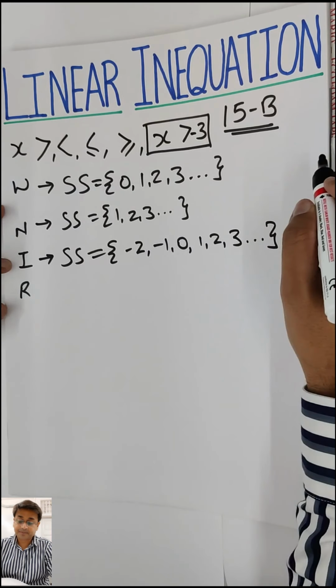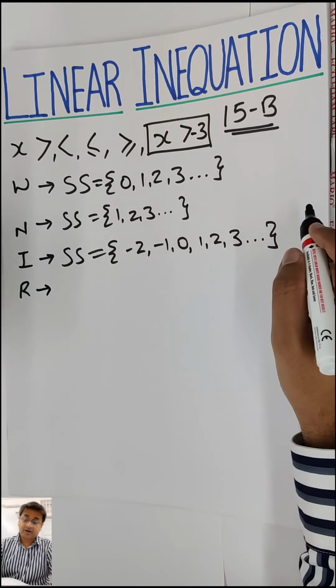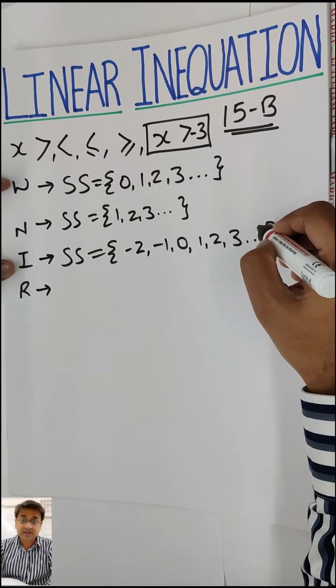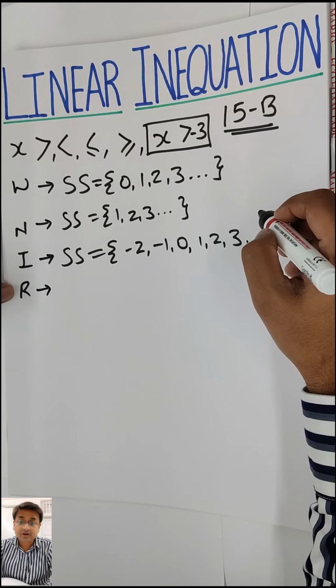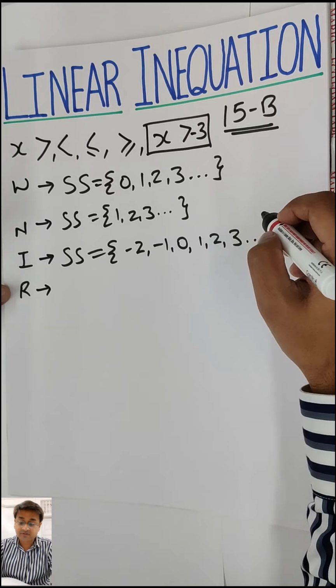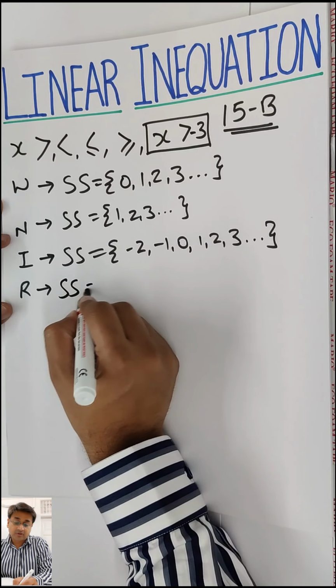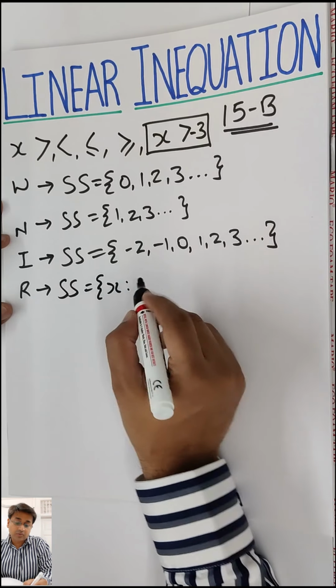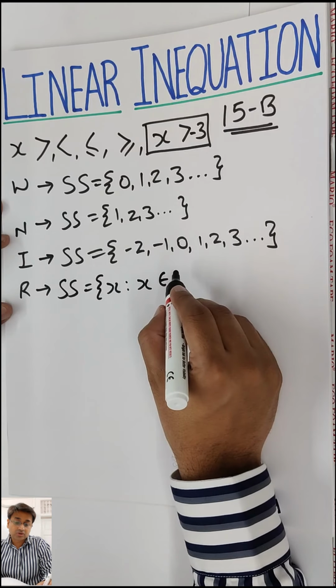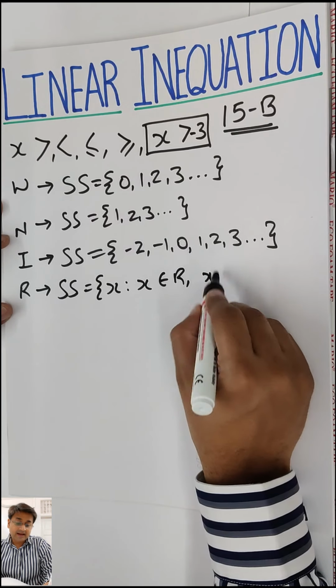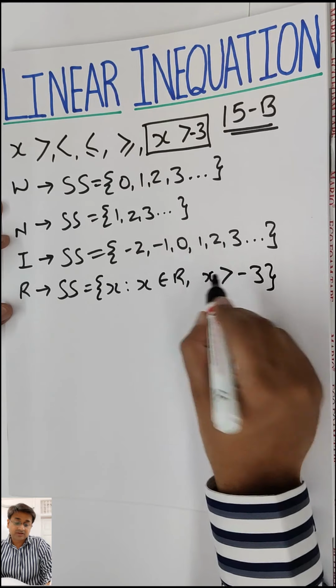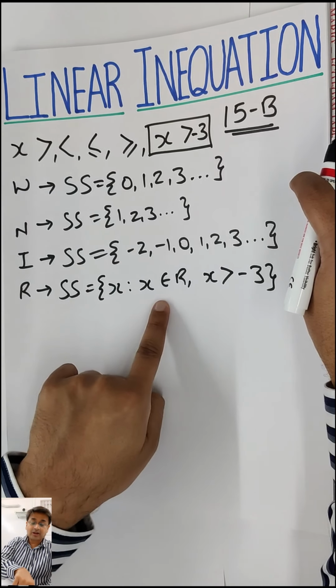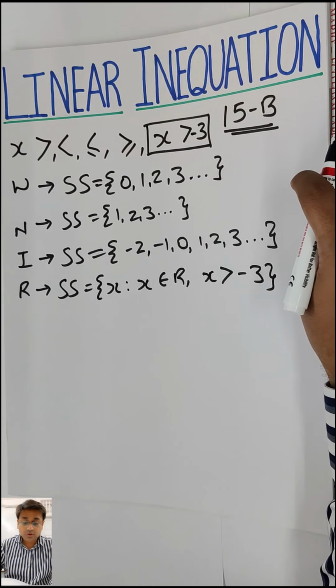And if it is a real number, if you remember these three cases, we said it's going to be list form, and for real numbers it's going to be set builder form. What do I mean by that? X, where X belongs to R and X is greater than minus 3. You need to write the range as well as what X belongs to.